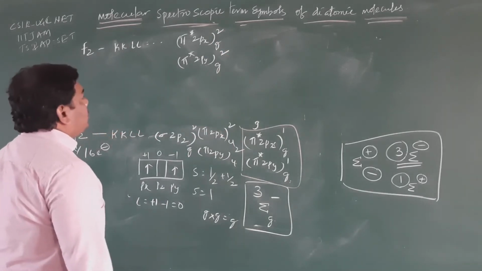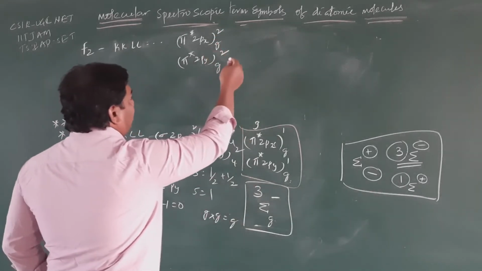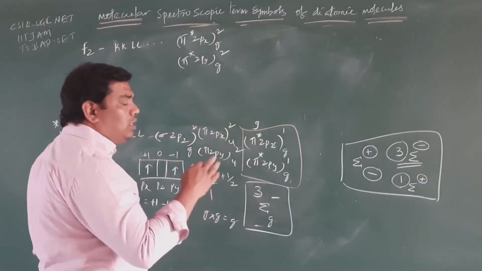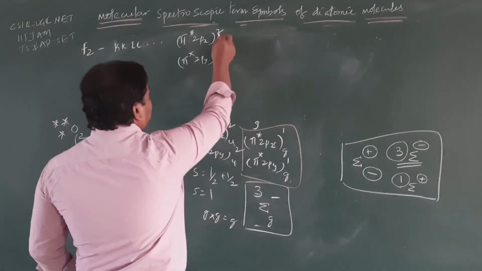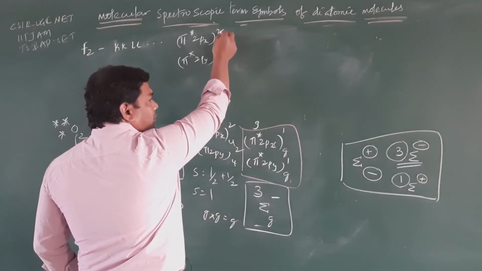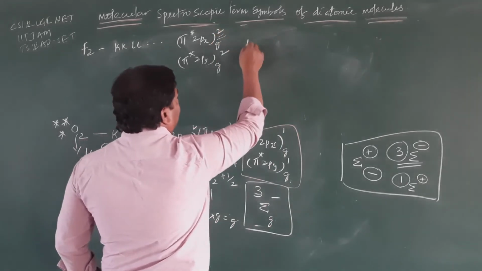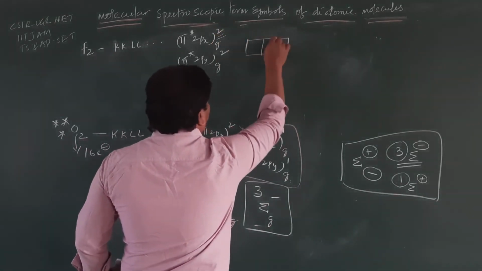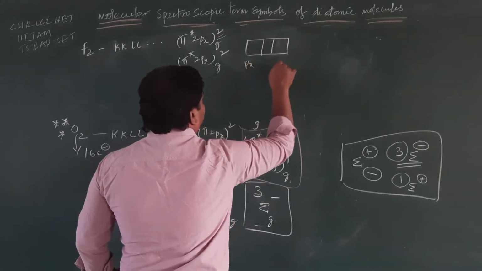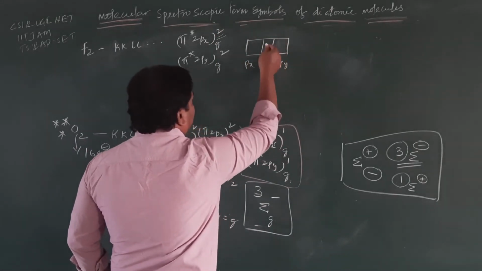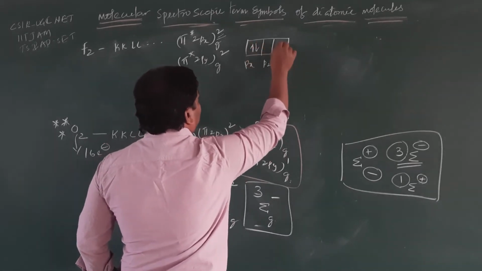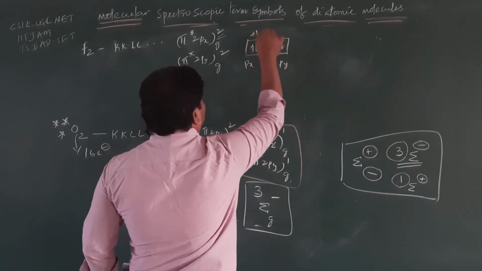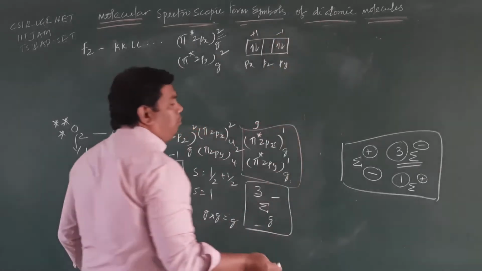First of all we will find out the spin multiplicity of these electrons. You can see the electrons in the px orbital, so this is px, py, and there are no electrons in pz. Here the orbitals are completely filled.